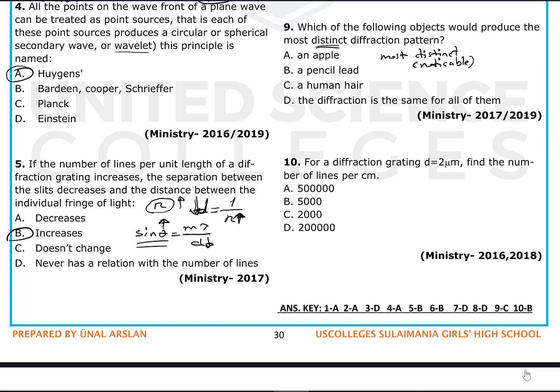One of them is that wavelength must be longer. If you compare 2 lights, which one produces the most distinct diffraction pattern? Of course, the longest wavelength light. But the second one is the size of the object, because light is passing around an object. So wavelength must be longer to produce the most distinct diffraction pattern, or the size of the object must be the smallest size.